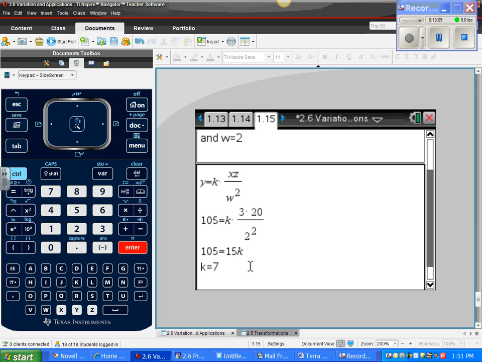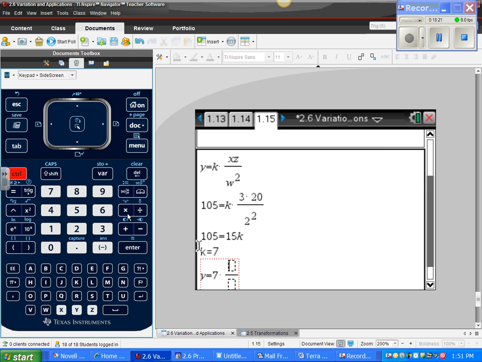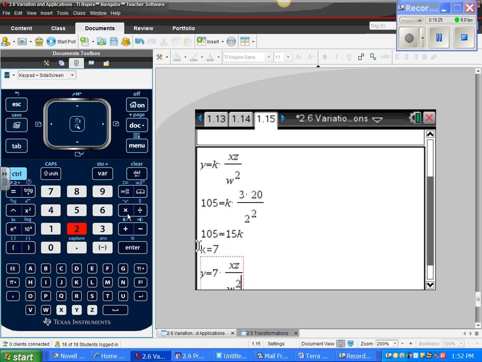So I know that the original equation is tricky. It just takes a little practice on how to figure that out. So now that we have k, we can set up our equation. We've got y equals 7 times xz over w squared.